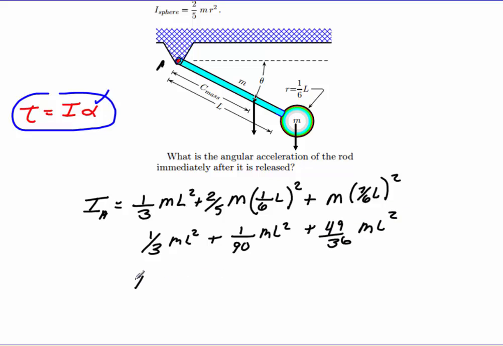So we add all those up. The moment of inertia around point A would equal 307 divided by 180 mL squared. Okay, so that's my moment of inertia.